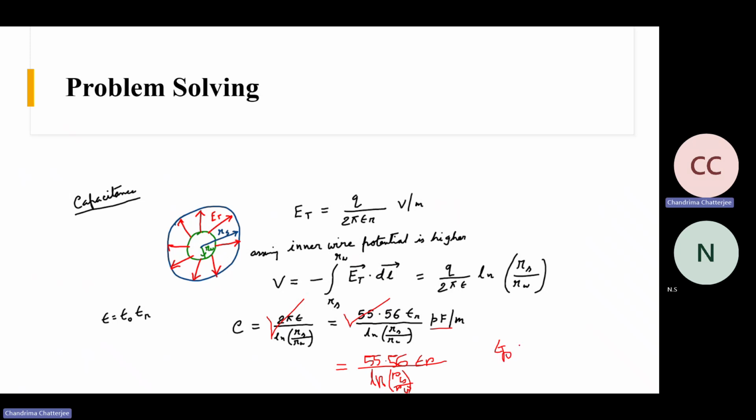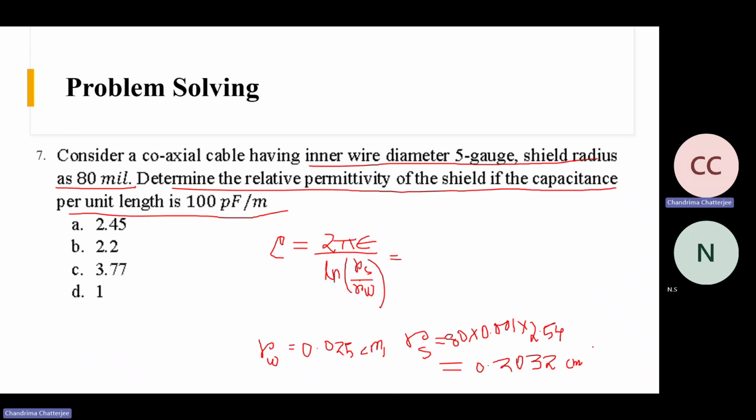If you calculate it, this is coming 3.77. The answer is Option C.